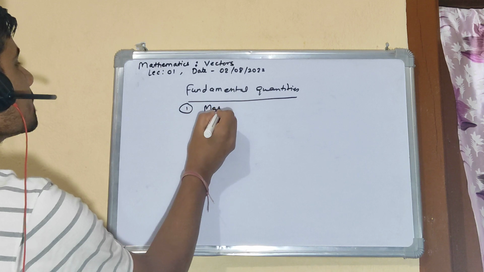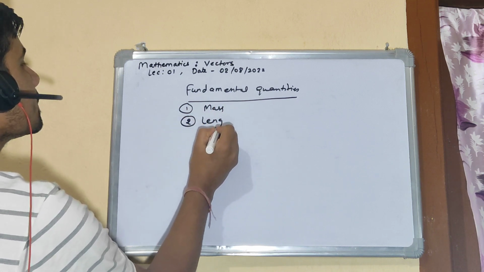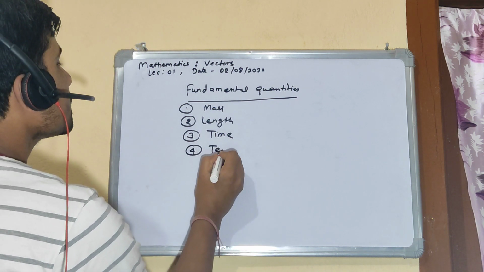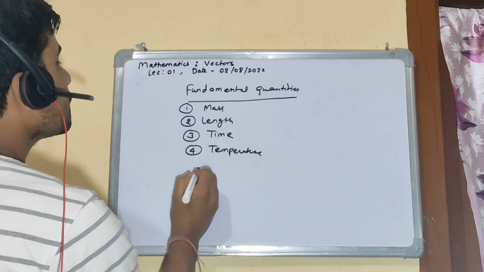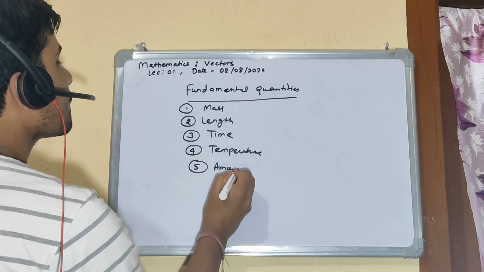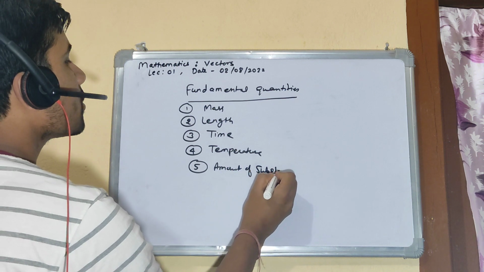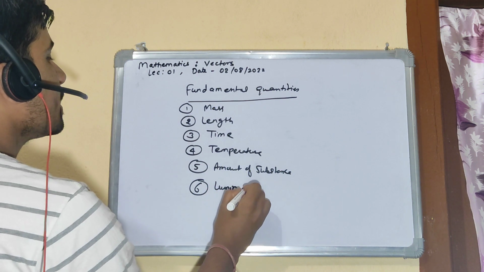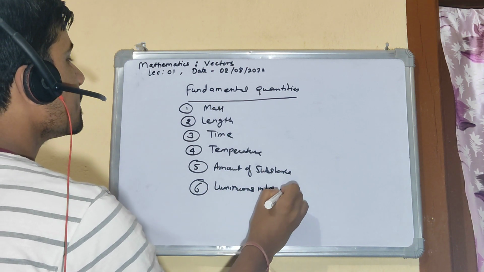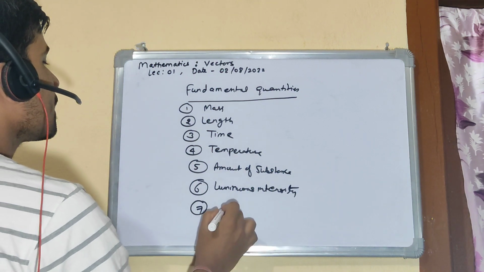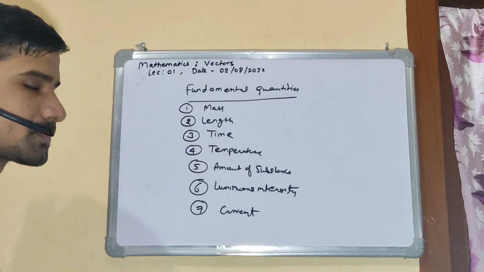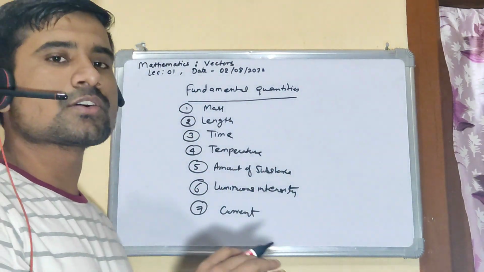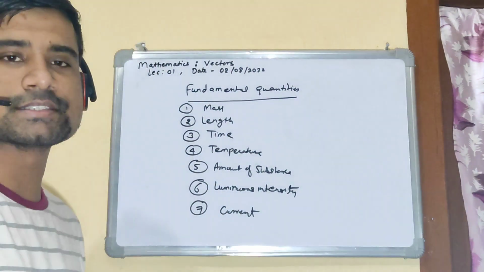First is mass, second is length, third is time, fourth is temperature, fifth is amount of substance, which means amount of matter, sixth is luminous intensity, and seventh is current, electric current, right? Okay. So these are the seven fundamental quantities, right?